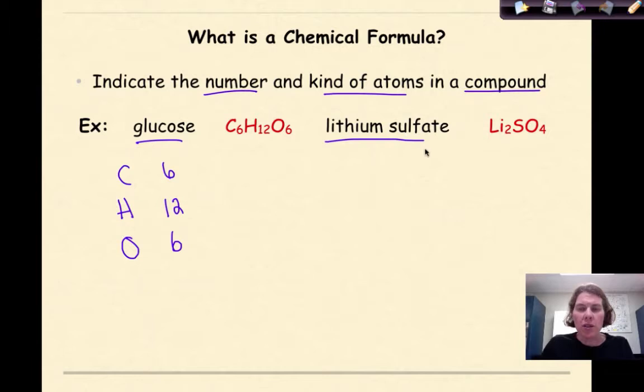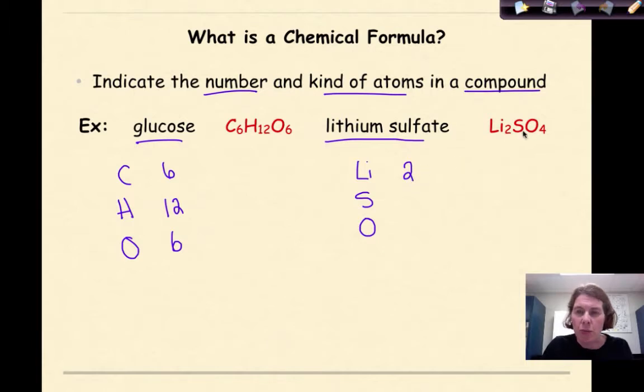If I look at lithium sulfate, which is Li2SO4, this particular compound is made up of lithium atoms, sulfur atoms, and oxygen. And again, the subscript is going to tell me how many of those particular atoms I need to make that particular compound. So there's 2 atoms of lithium, so I'm going to put a 2 here.